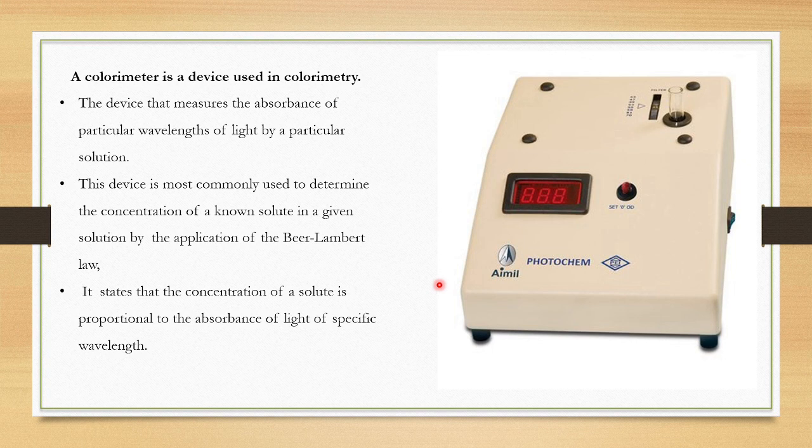Now let's look at what a colorimeter is, which is used in colorimetry. So this is the colorimeter. This device measures the absorbance of a particular wavelength of light by a particular solution and is most commonly used to determine the concentration of a known solute in a given solution by the application of the Beer-Lambert law.